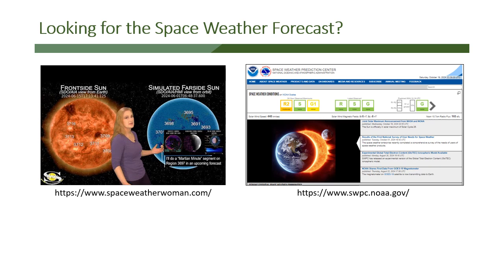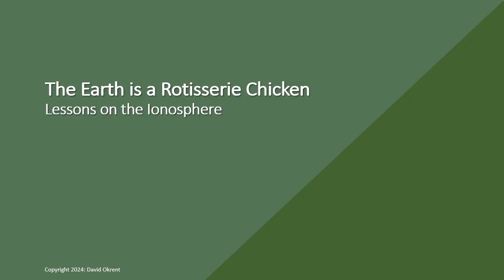You can always use that URL to listen to her broadcast on YouTube, and she gets into a lot of detail for amateur radio, for pilots, and for people who are taking photographs of auroras. Those are some of the people she addresses.